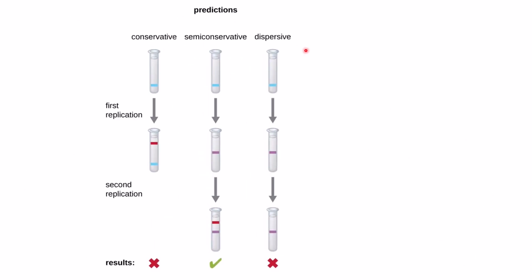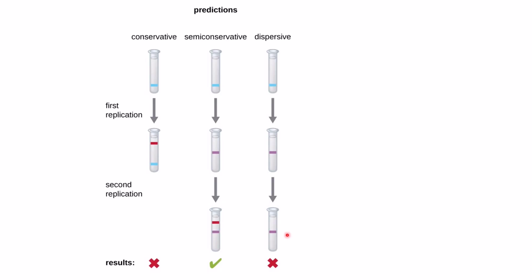So, as per the predictions, the first generation DNA would always give one single band, as a result of which the conservative model is ruled out. And after the second generation, it should be giving us 2 distinct bands like that of the semi-conservative model. This should have ruled out the dispersive model of replication.